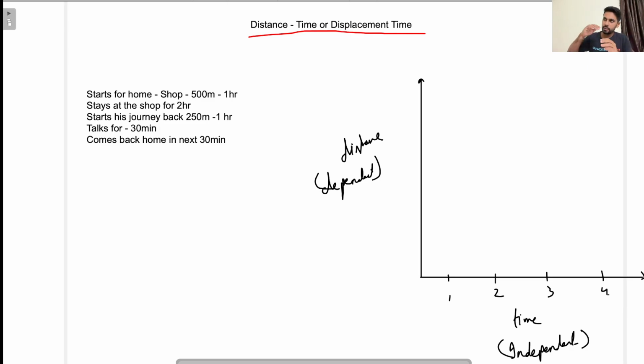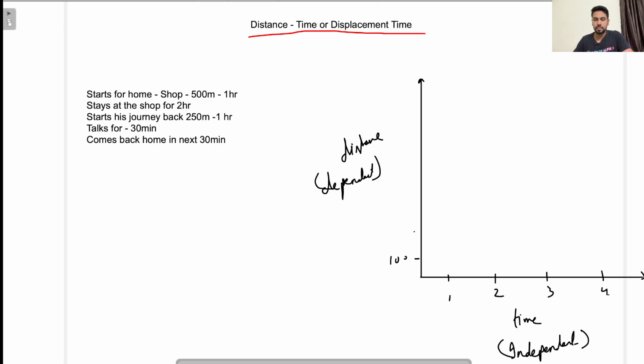Why? 500 that side, 500 back. Yes, of course he stayed in between, but that doesn't matter. What is his total distance, total path covered? His total path covered is basically 1000 meter, which is 1 kilometer. I cannot give kilometer, so I give it in meters on the axis.